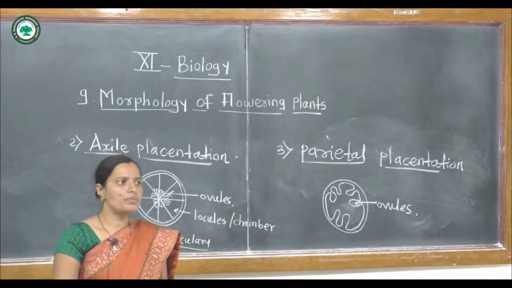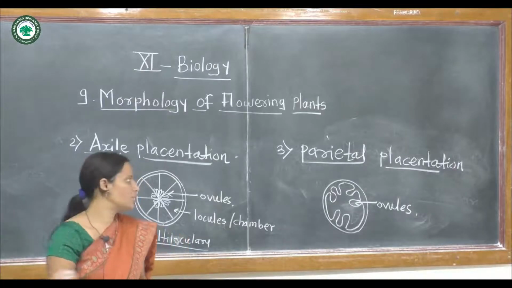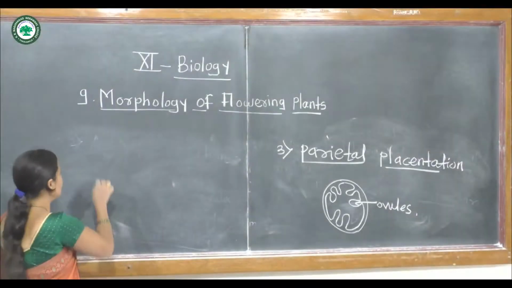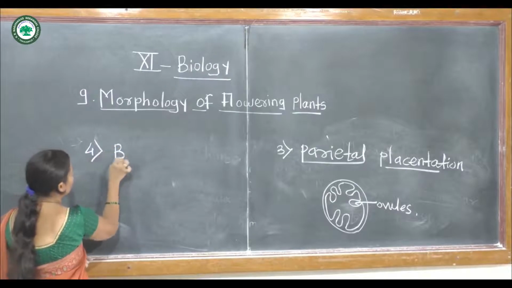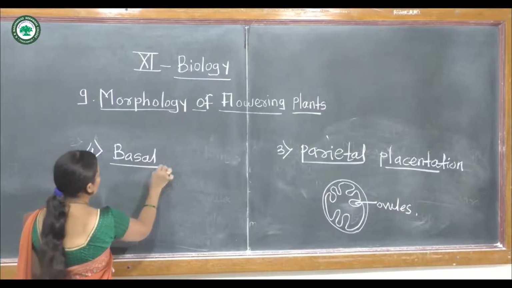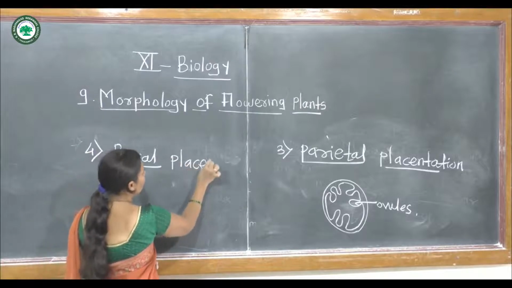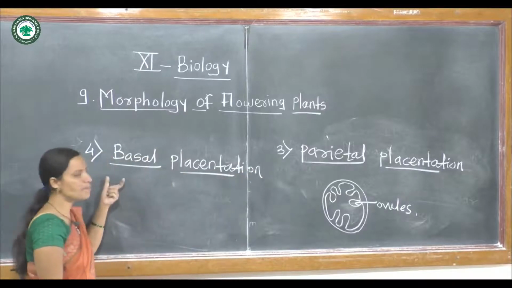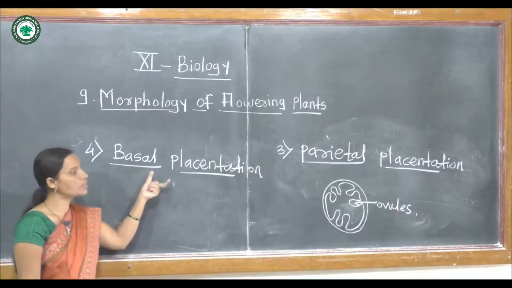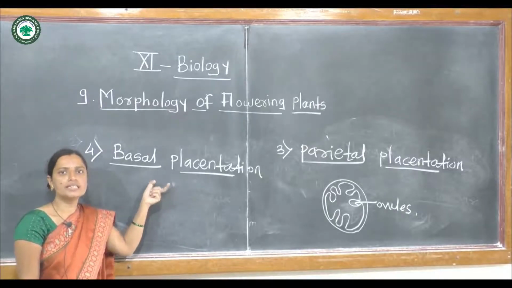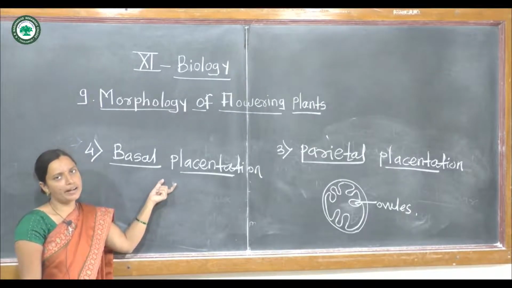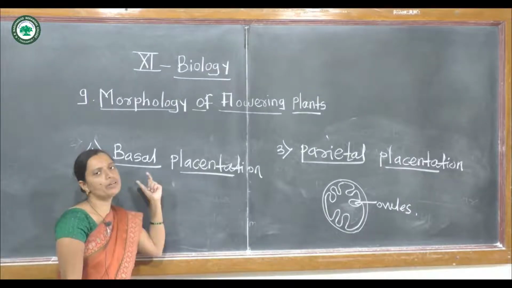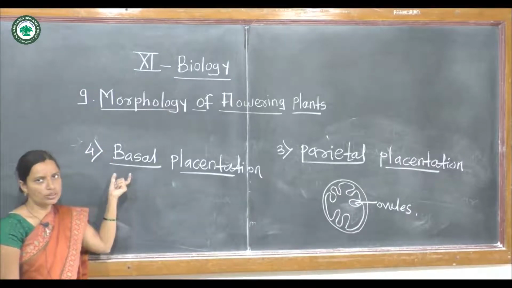Now the next, fourth type of placentation is basal placentation. In basal placentation, the ovary is unilocular and a single ovule is present at the base. The ovules are arranged at the base, and this type of arrangement is basal placentation.